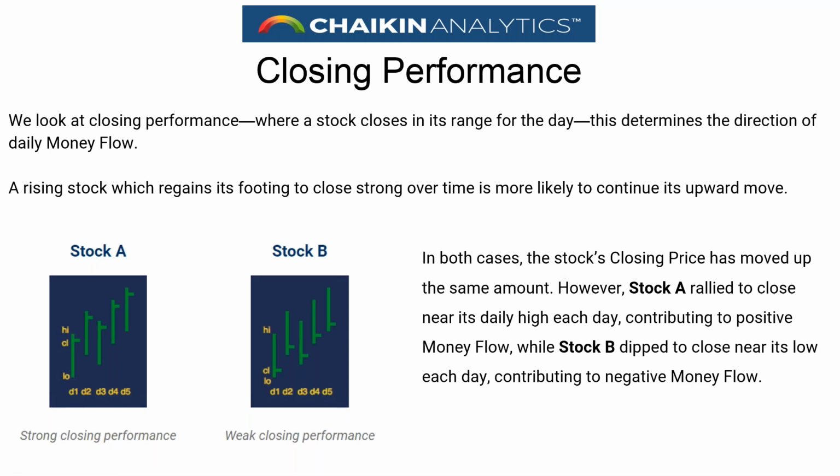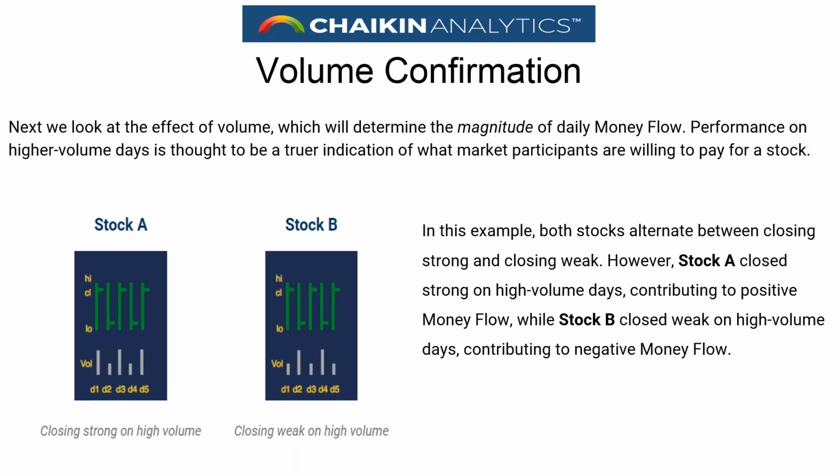So that is what we're talking about when we're talking about closing performance. Where is the stock relative to its range on the day? Where did it close at 4 o'clock? From there, we look for a volume confirmation, right? The effect of volume, which will determine the magnitude of daily money flow.